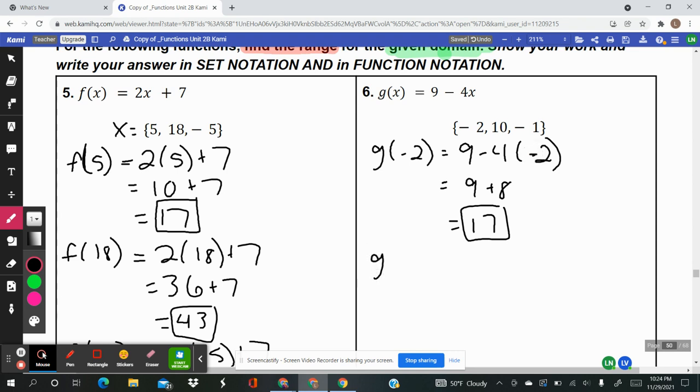So then I have G of 10. So 9 minus 4 times 10. So that's 9 minus 40. 9 minus 40 is negative 31.